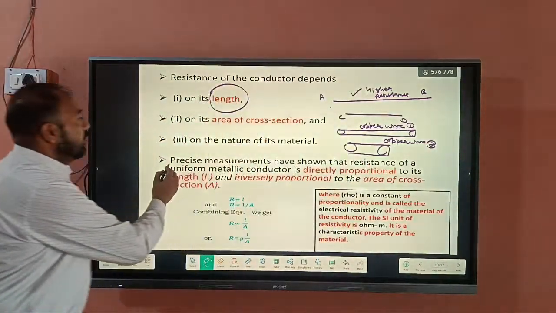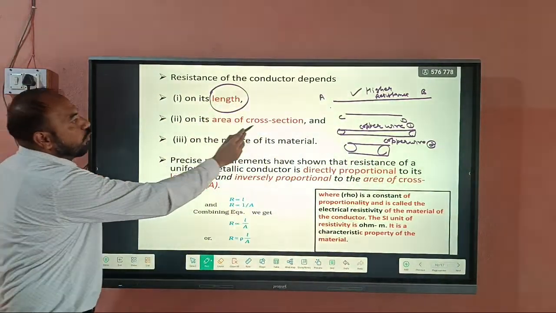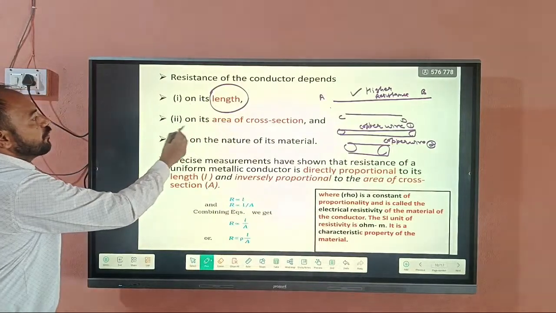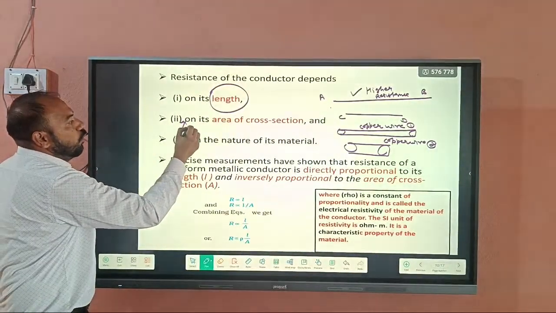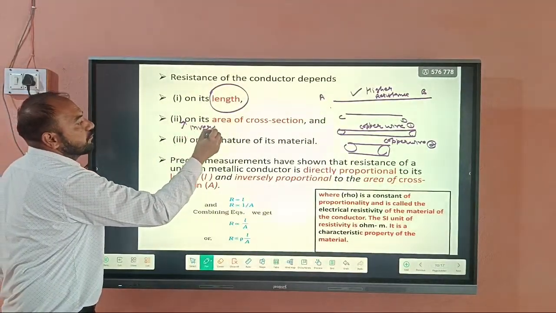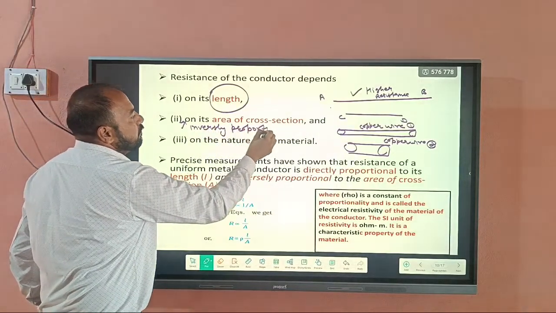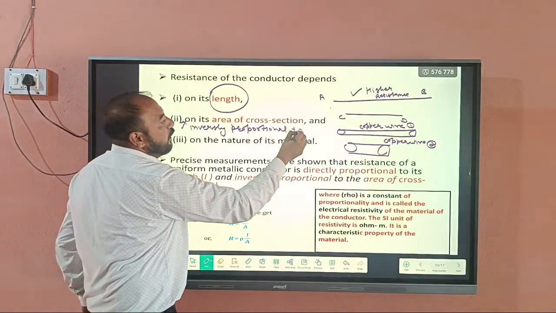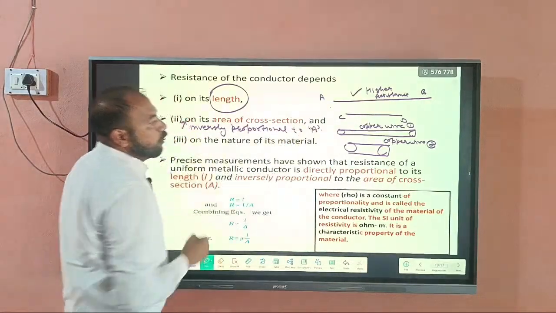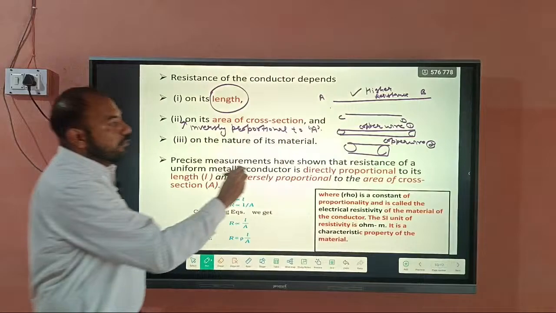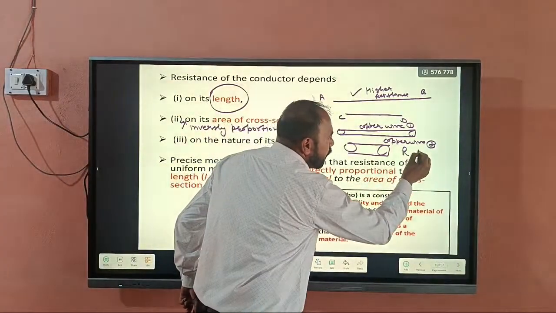Here it depends on the area of cross section. So resistance is inversely proportional to area. If we increase the area, then R decreases. R is directly proportional to L.